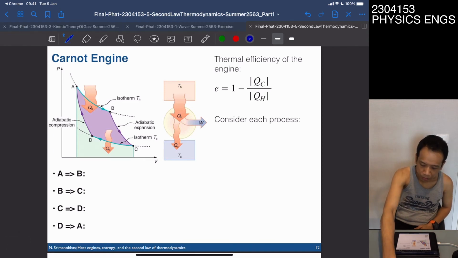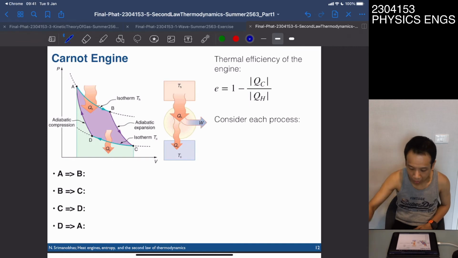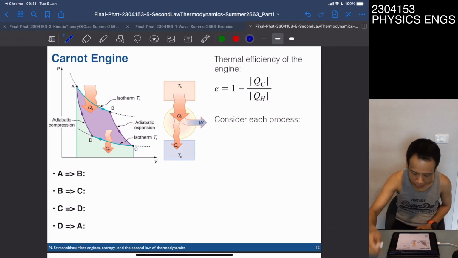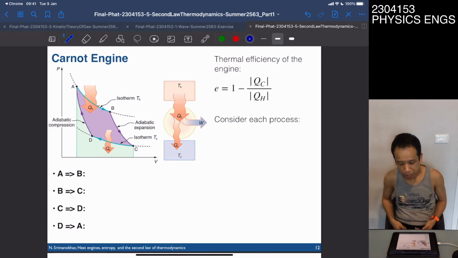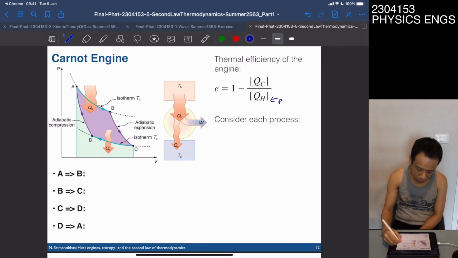So we're talking about the thermal efficiencies of the engines. The thermal efficiency of the engine is the same as what we defined at the beginning of this lecture: 1 minus the absolute value of QC over QH. QH is what you put in, and QC is what goes out.